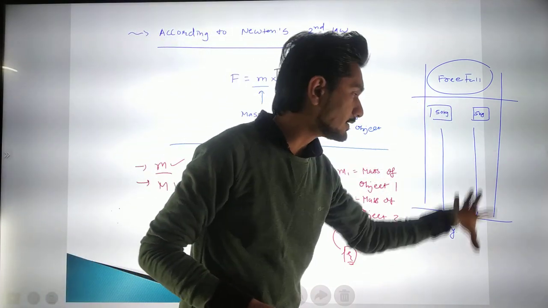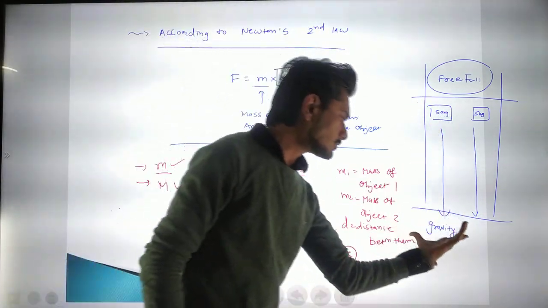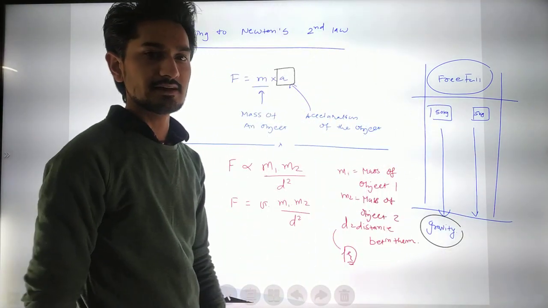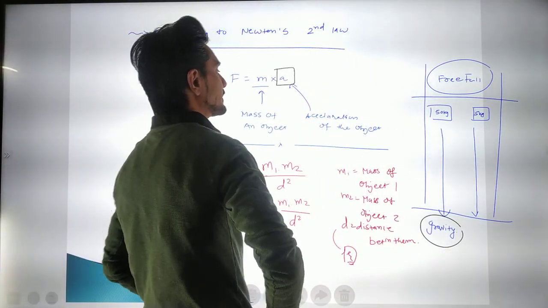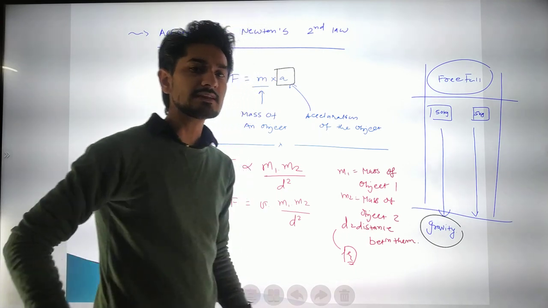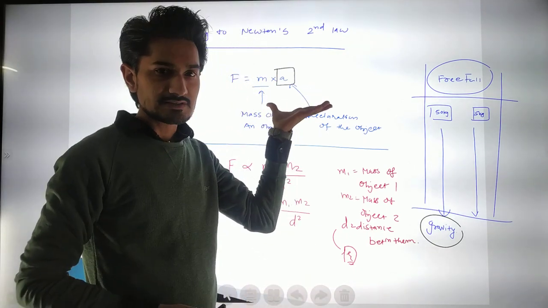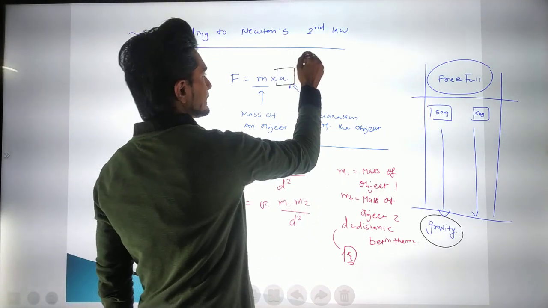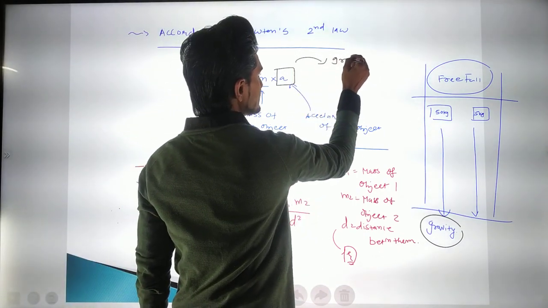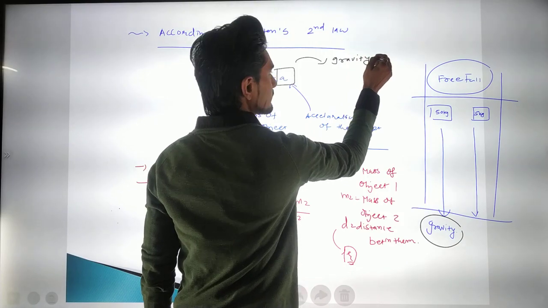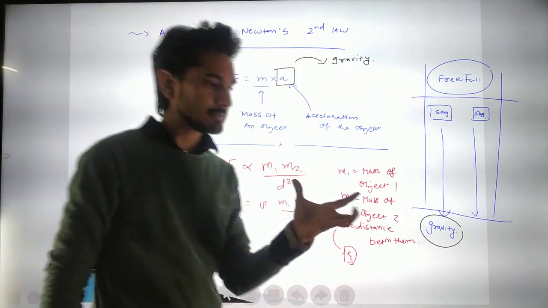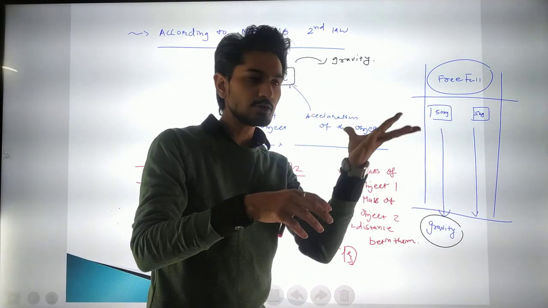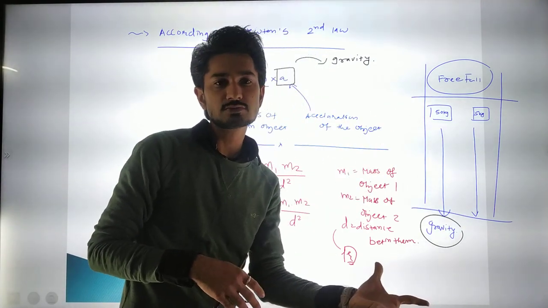Why did this happen to this object? Because of a thing called gravity. Yes, you are absolutely right. Whatever acceleration is felt by these two objects, it is only and only because of the gravity. So whenever a mass is more, the acceleration applied on that object is more. Why? Because of the gravitational force.